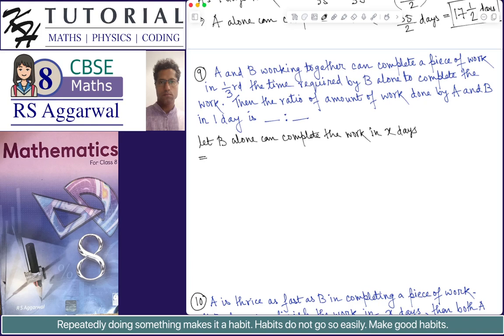So this implies that A plus B, when A and B are working together, can complete the work in, it is given that A and B working together can complete a piece of work in one third the time required by B alone to complete the work. So if B alone can complete the work in X days, then A plus B can complete the work in X by 3 days. One third of X is X by 3.